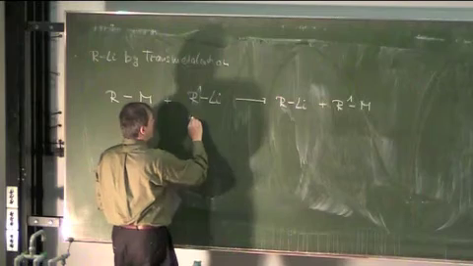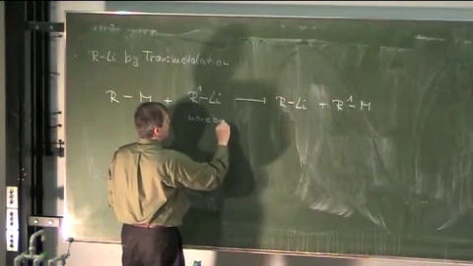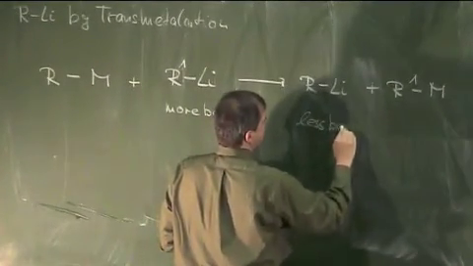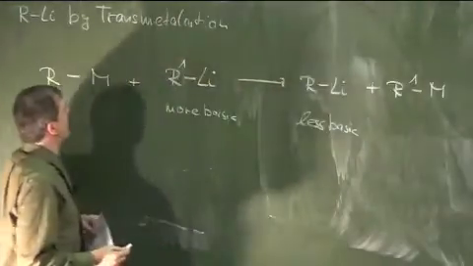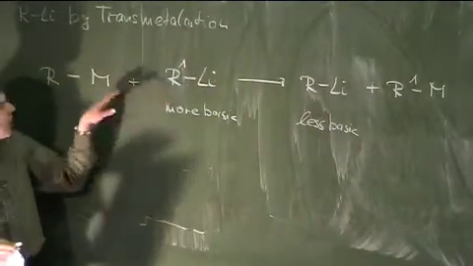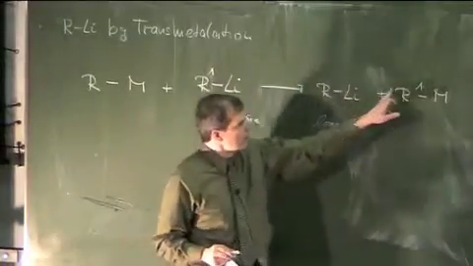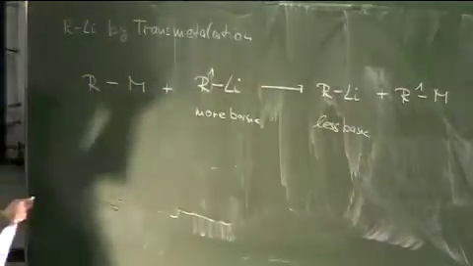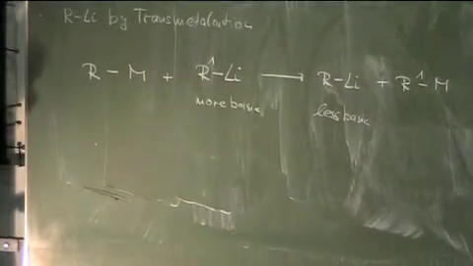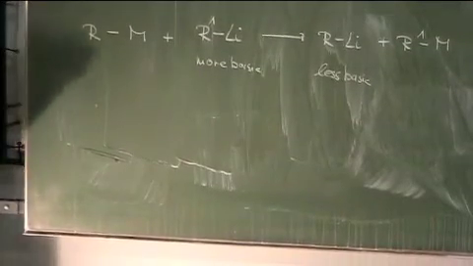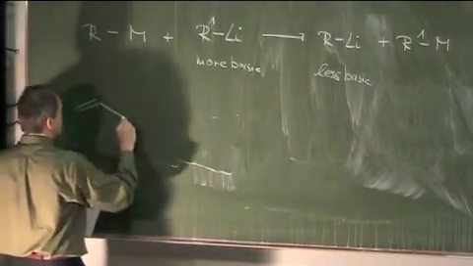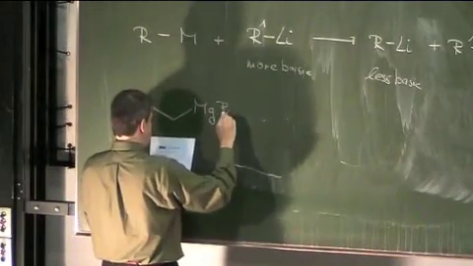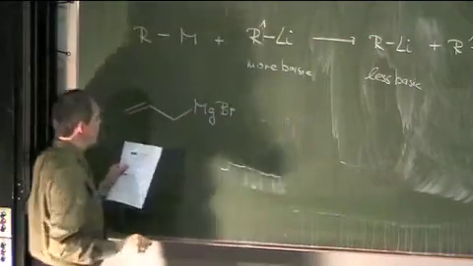And again, usually it goes, from what we had seen so far, from more basic to less basic. And very often it is used in the way that you are more interested in preparing a certain organometal compound here rather than the organolithium compound. So let me give you a typical example.